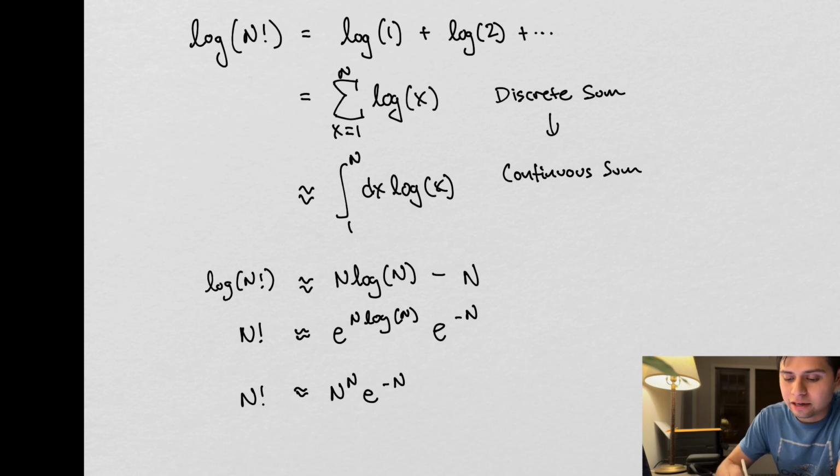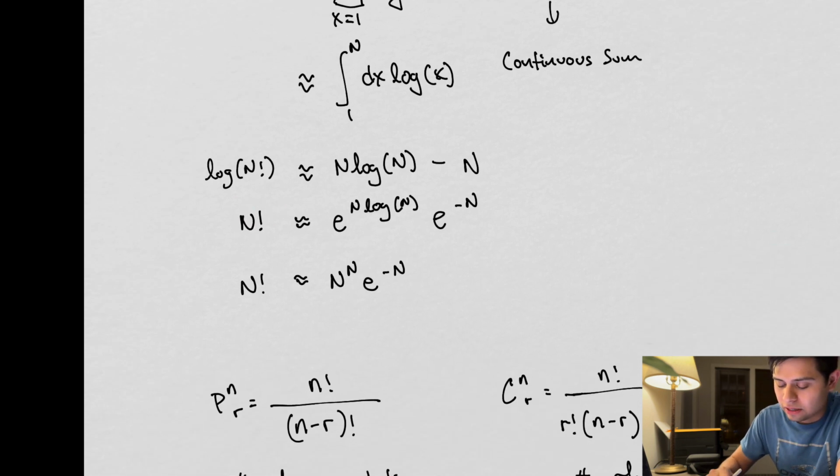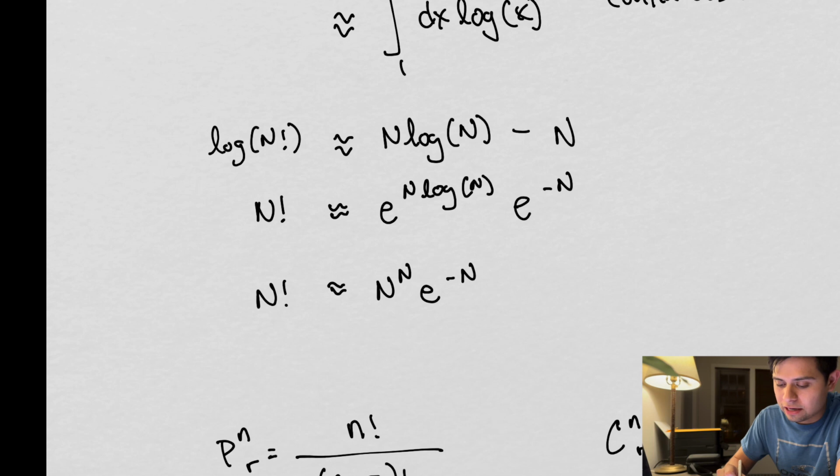To get n factorial, we want to raise everything to the power of e, or put everything in the exponential. We put this in the exponential, we get this right here, and it's not too difficult, I don't think, to see how we go from here to here.